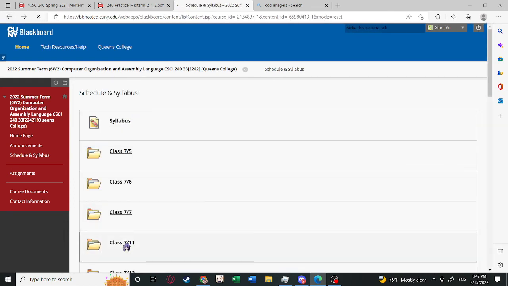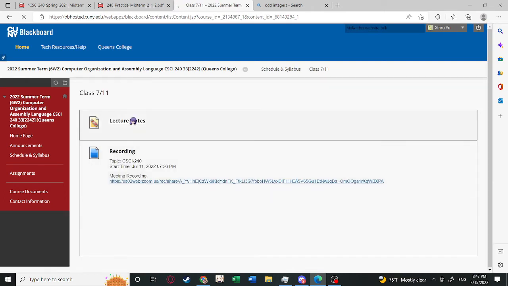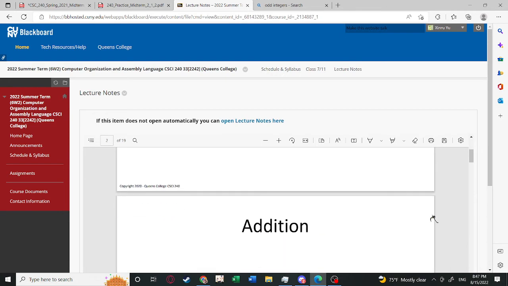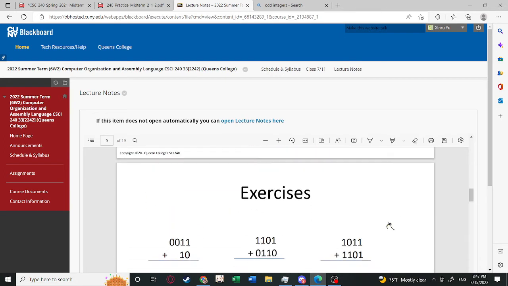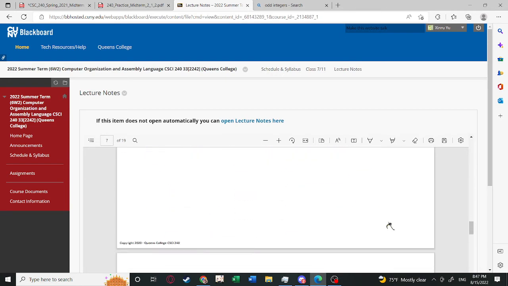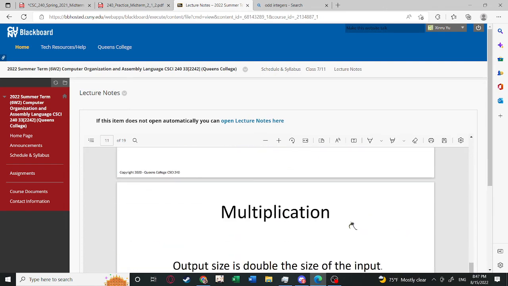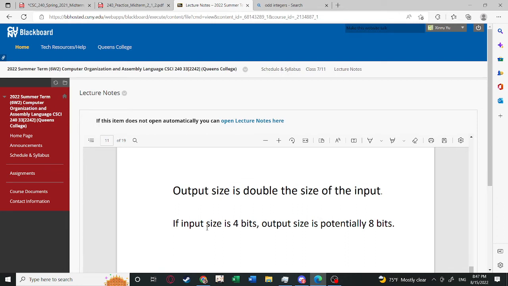Yes, the day after the day before. Oh god. So if you go all the way down to the exercises on multiplication, right? Multiplication. Look, input is 4. The output size is essentially 8 bits. There you go.